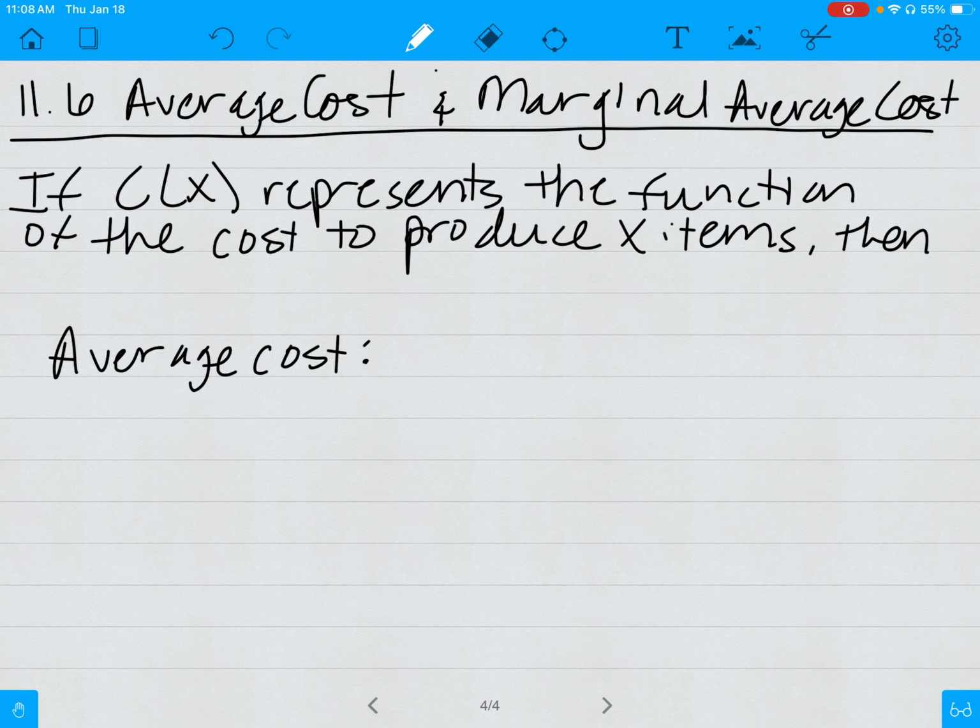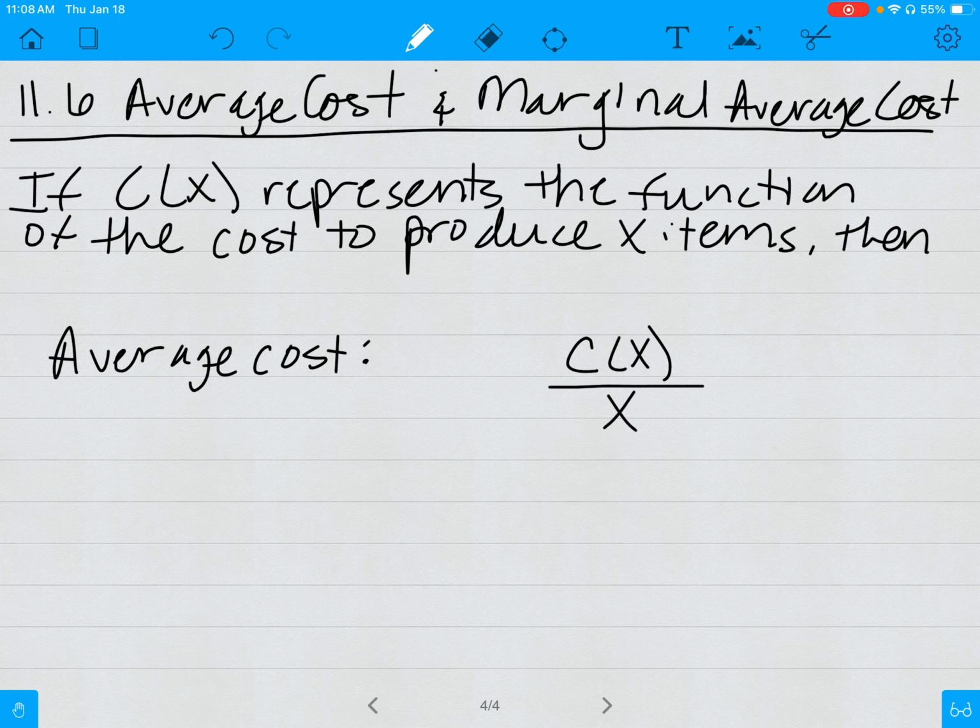Well, when we think about what we usually do to take an average, we get the total of a bunch of values, and then we divide it by how many values there were. When we're looking at an average cost function, it's a similar process. We take the total cost function and we divide by the number of items that were produced.